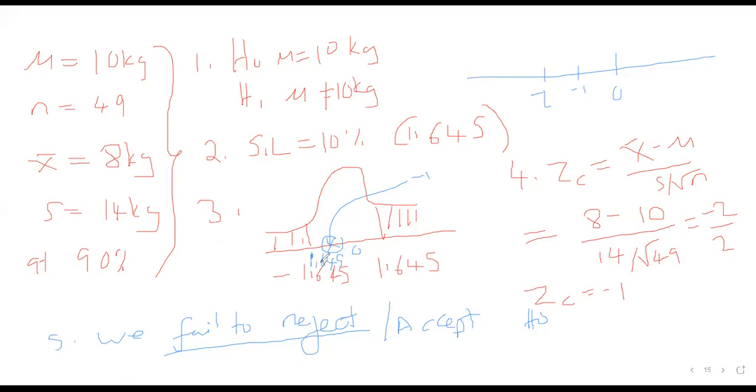Where is -1 here? Is it this side or this side? This is negative. So the -1 is falling under the shaded area, isn't it? No, it's inside. It comes before the -1.6. Oh, okay. I get it.